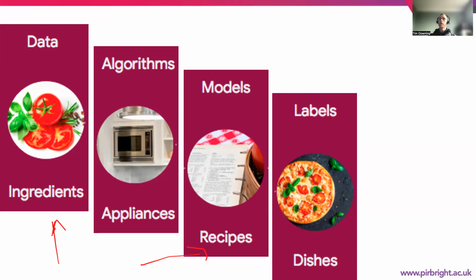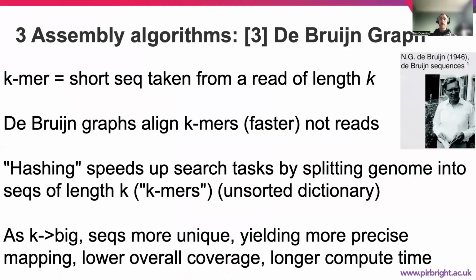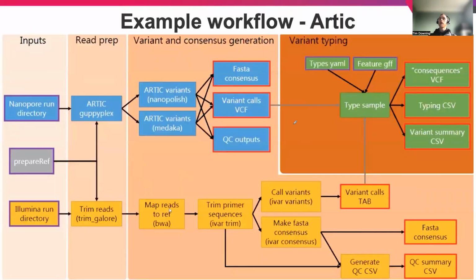More widely, we have examples like the ARTIC workflow for thinking about how read mapping and de novo assembly work together. So if you look at the nanopore pathway up here, this is the ARTIC network flow, where we have the creation of reference-guided assembly based on creating a mutation file known as a VCF file, as well as fast consensus assembly.